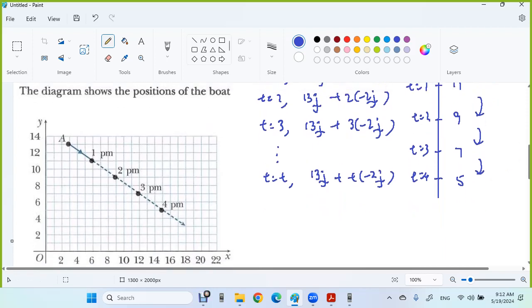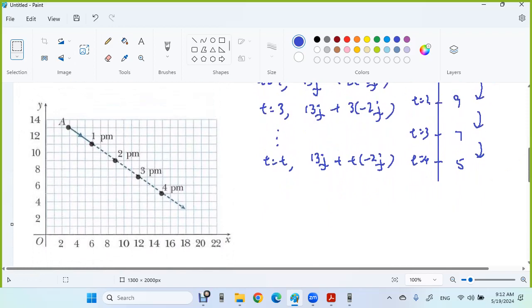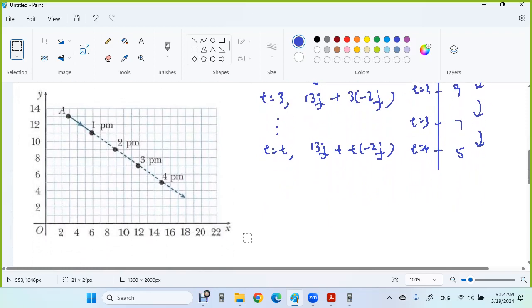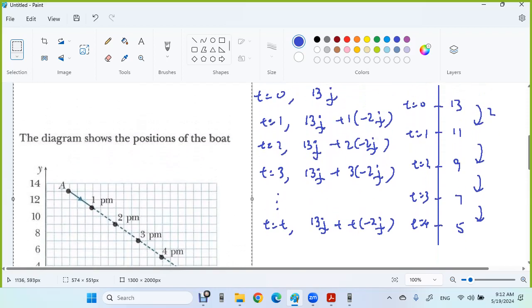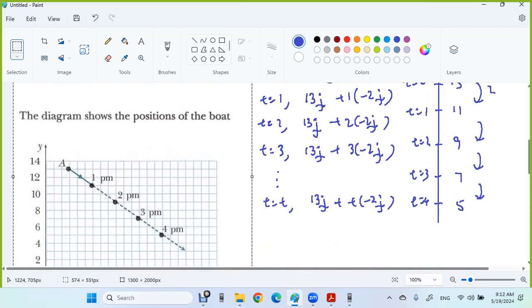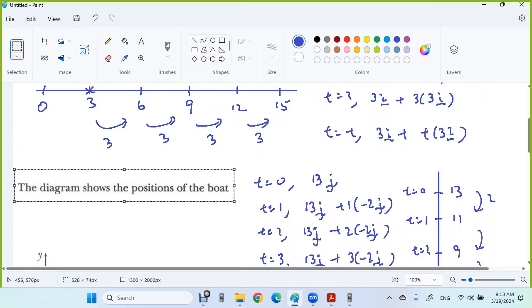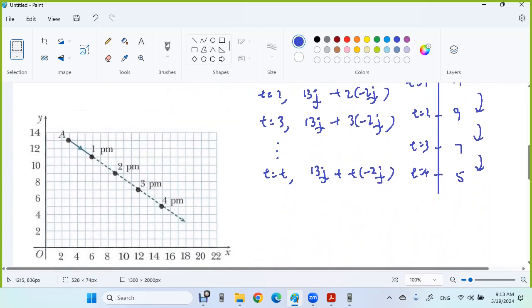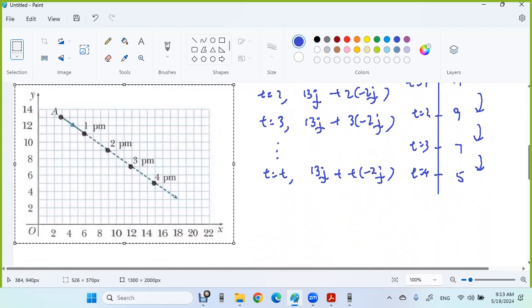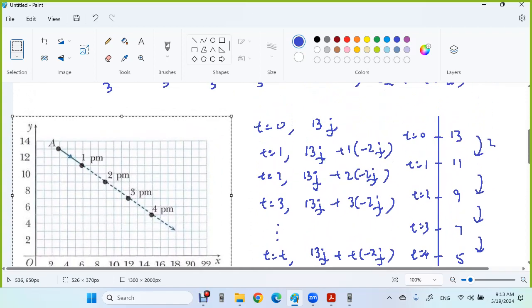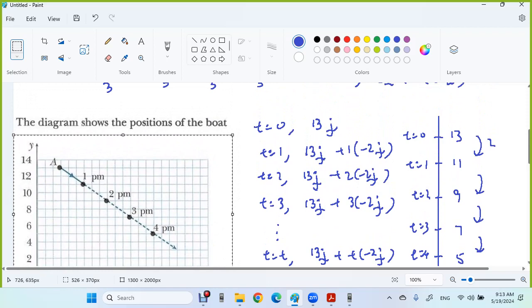So we combine these two, and the position vector will look like this. This is the diagram for the boat's position. We combine the x-axis and the y-axis, and this will be the position.